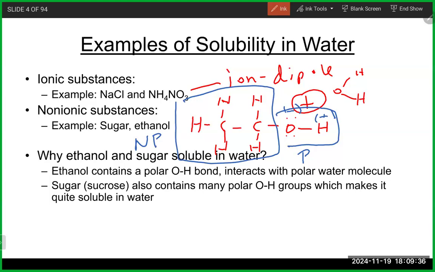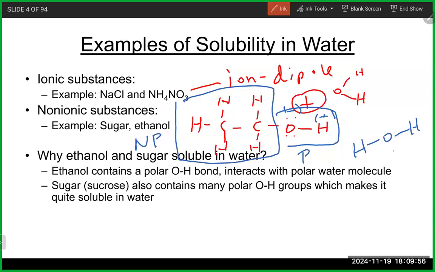And that OH group is a polar bond, and that is also a hydrogen that is directly attached to an oxygen, like a nitrogen or fluorine. So something like ethanol has the ability actually to hydrogen bond, and it can hydrogen bond with water because it has that bond.